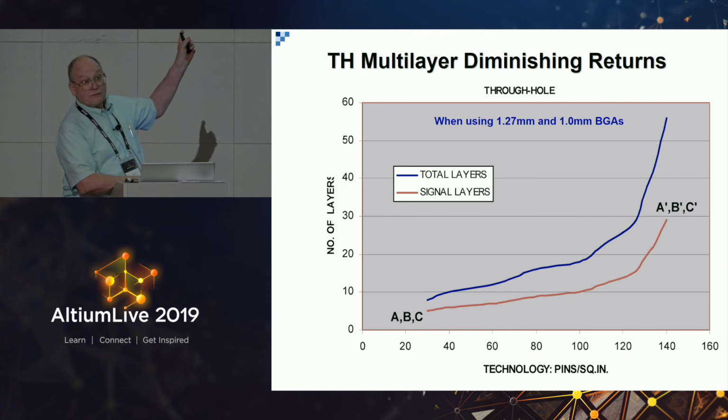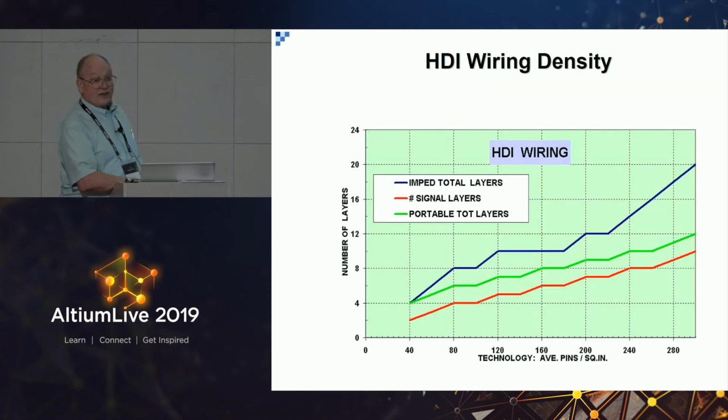So this is the through-hole multilayer chart. This is the HDI chart. It goes from 280, then it goes to 500, up to 25,000. So this chart goes all the way around this room to 25,000 pins per square inch. 25,000 pins per square inch is the density of the silicon.